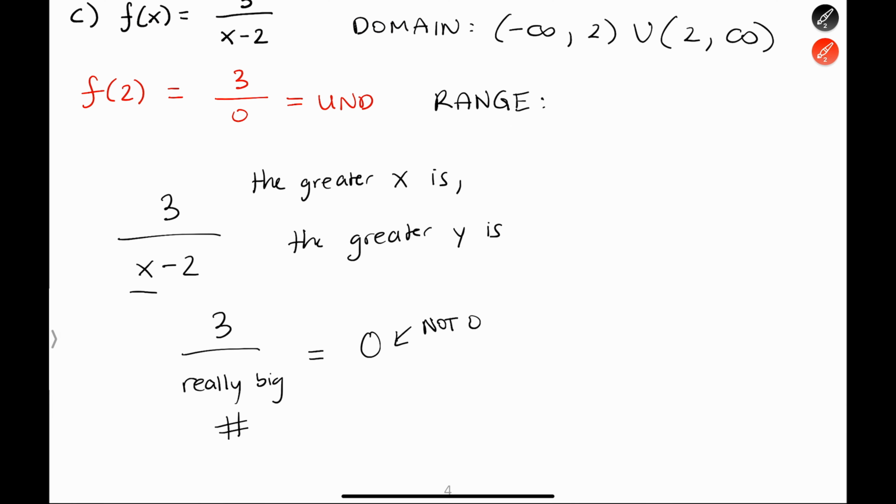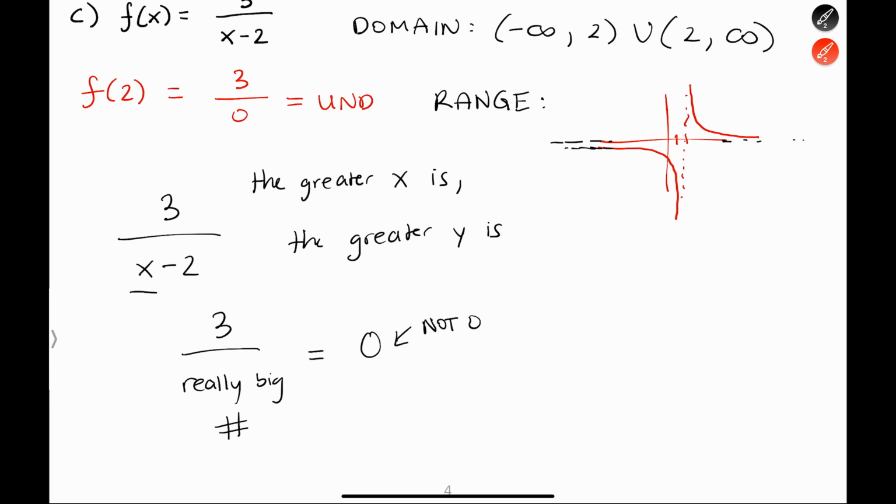If you were to graph this on Desmos or something like that, you would see that the graph looks something like this. So this is 2, and the graph goes like this. I'll draw that better. And this line over here is getting closer to 0, but it's never actually going to get to the x-axis.